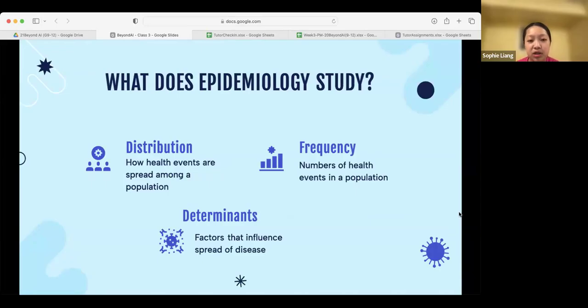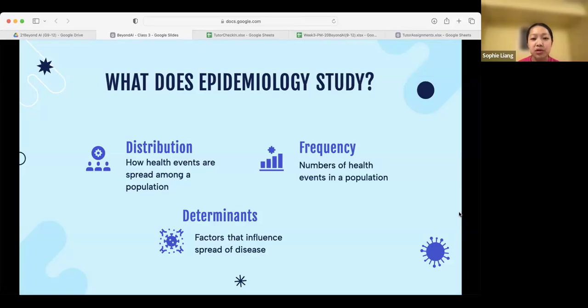What does epidemiology study? It studies the distribution, which is how health events are spread among a population. For example, it could look at what types of people are more susceptible to a type of disease. It looks at the frequency, which is the number of health events in a population, and the determinants, factors that influence the spread of disease.